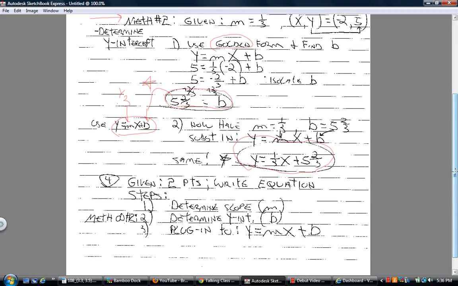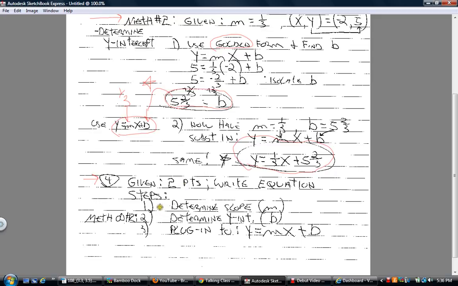Now, we're going to start objective number 4 here on the bottom of this page. Now, these problems can cause students a little bit of work because you're entering a realm of algebra logic and reasoning where you're going to have to do several separate steps and pull things together. And what's going to happen here is they're only going to give you 2 points that are on the line of an equation, and they say write the linear equation.